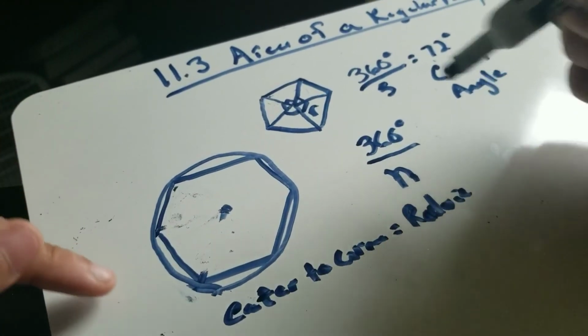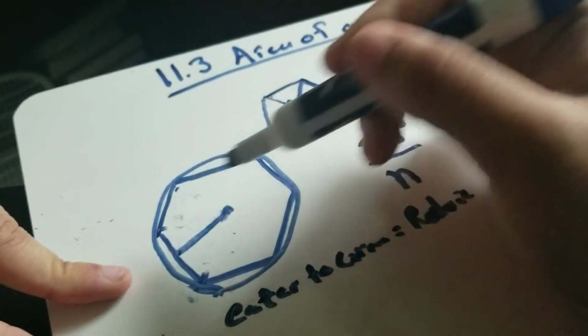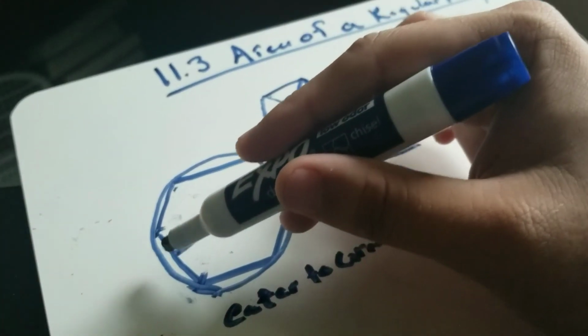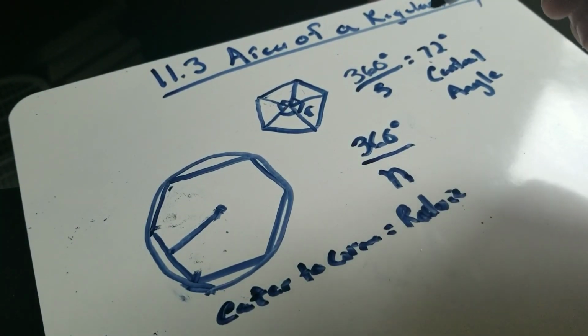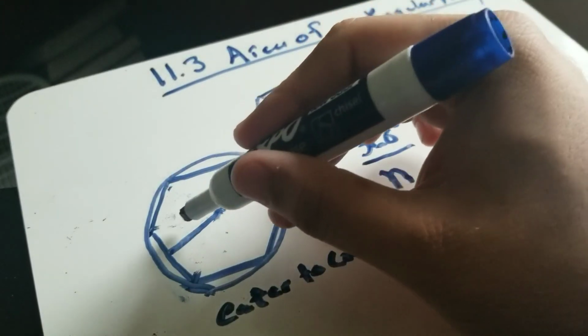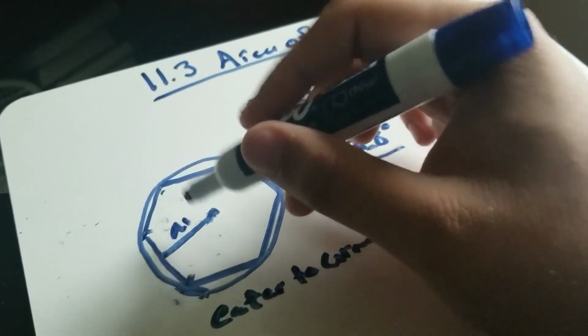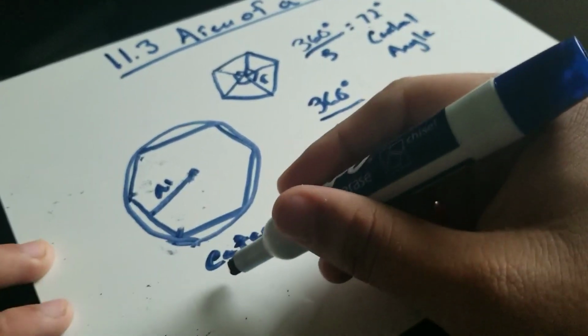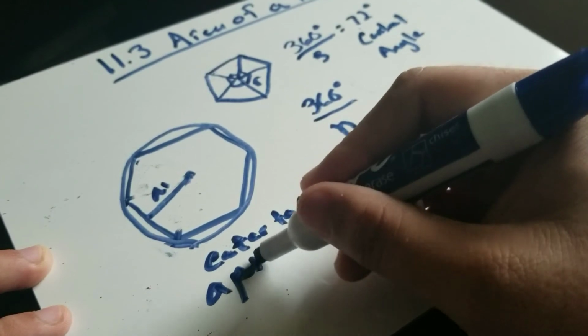But this right here, this right in the middle of the side, that doesn't hit the circle. So that's not a radius. So we have a whole new name for that. The name for that is an apothem. And let me write that word. The word for that is the apothem.